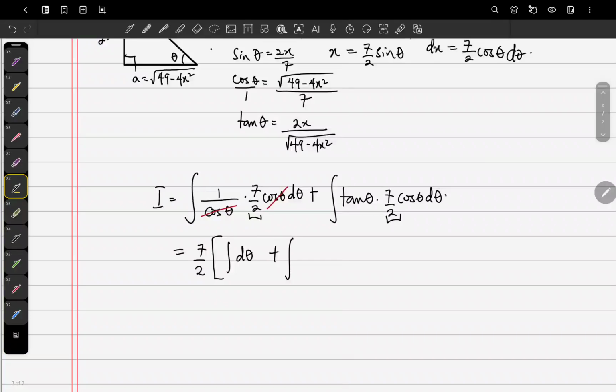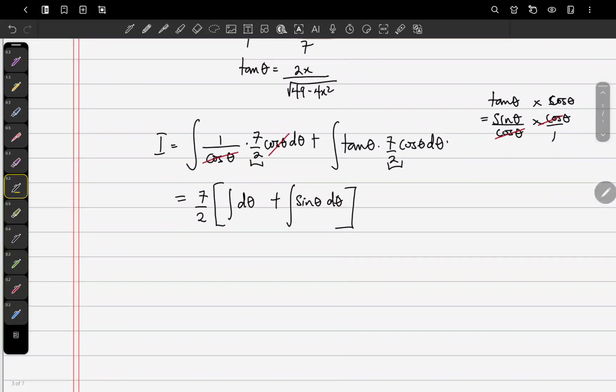But of course, tan theta times cos theta is equal to sine theta, since tan theta is equal to sine theta over cos theta. So when we multiply that by cosine of theta, we end up with sine theta. So sweet. That makes this expression even simpler. This is sine theta d theta.